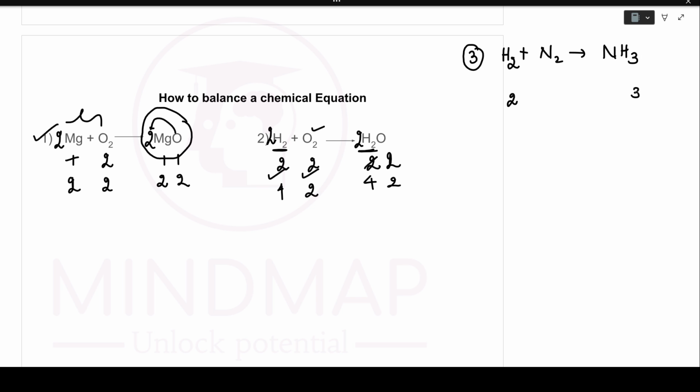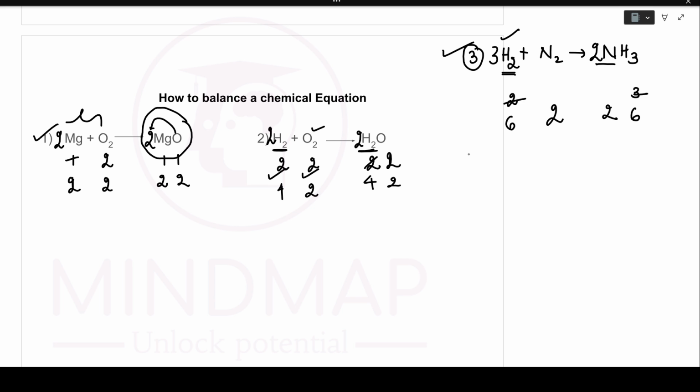So whenever you have a number like 2 and 3, you use the system where 3 is written right there, and where there is 2, write 3. Okay, let's check now. Hydrogen is 6 and on this side hydrogen is 3 and 2, 3 twos are 6. So hydrogen is balanced. Nitrogen here is 2 and here nitrogen is 2. The equation is balanced.